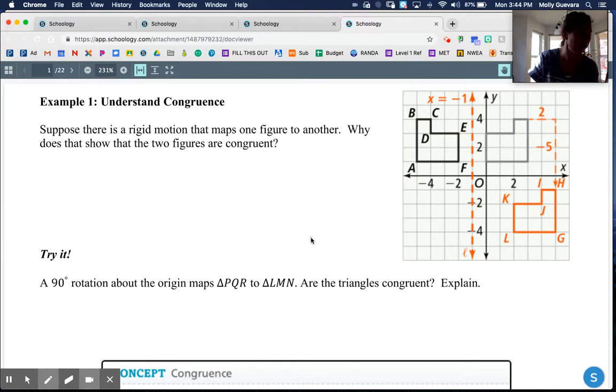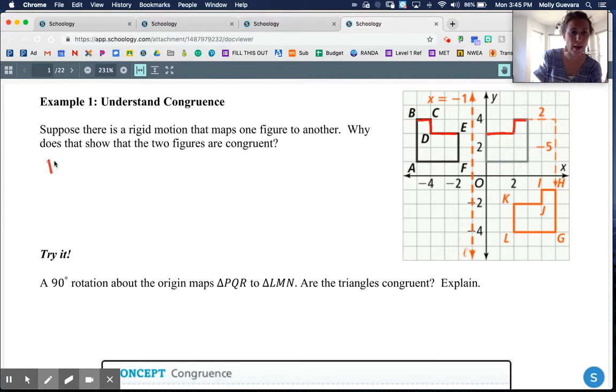Okay, so what happens here when I reflect, do the side lengths change? Like this is 2 units, this is 2 units, right? This is 1 unit, this is 1 unit, 1 unit, 1 unit, and so on and so forth. And so the size of it hasn't changed, the shape of it hasn't changed, it's just reflected.